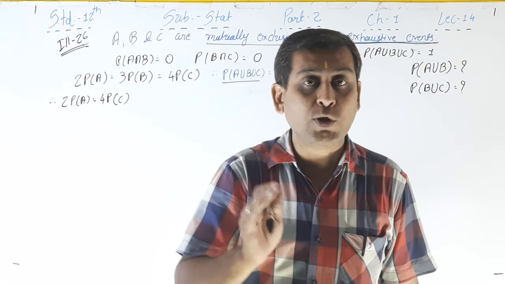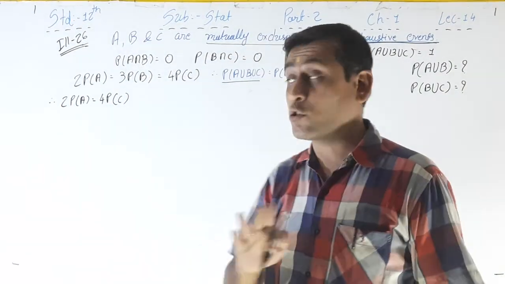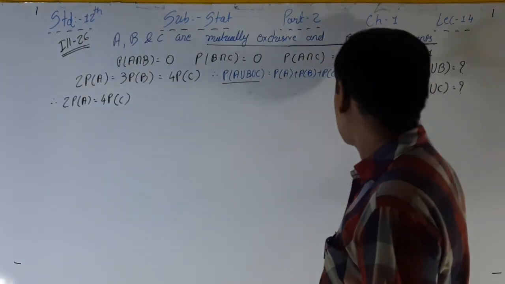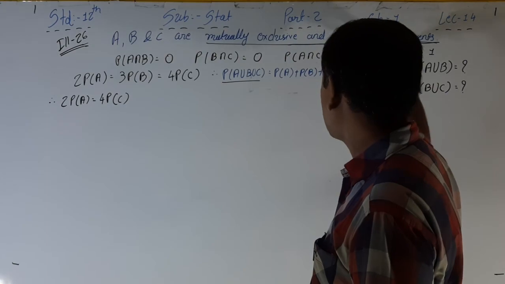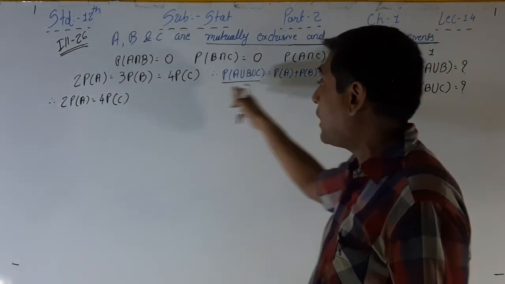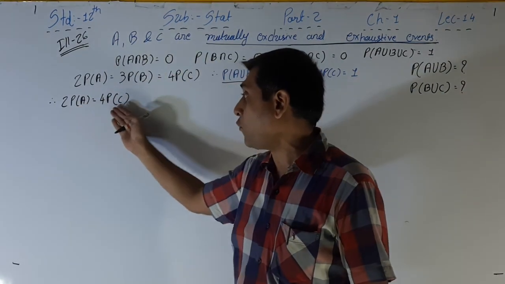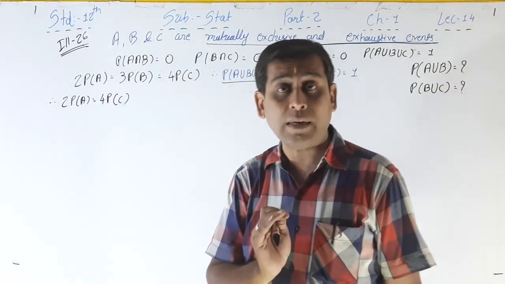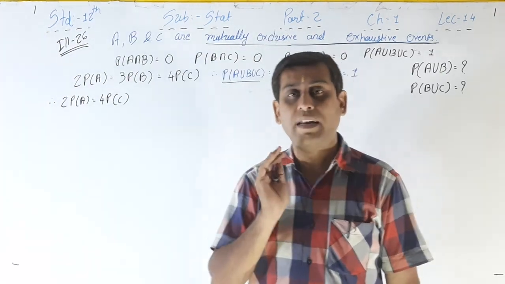The simplification of this depends fully on mathematics, not on statistics. See, this is the statistical part because we are using the formula. This is also the statistical part, but for finding P of A, P of B and P of C from this information, that is the simplification, and for that we have to use mathematics.